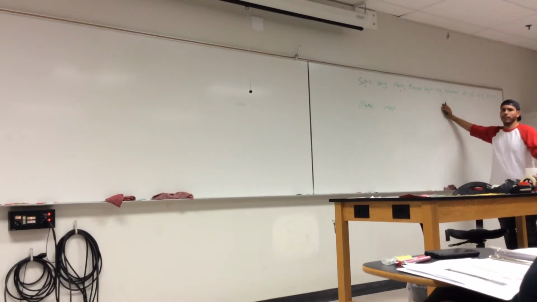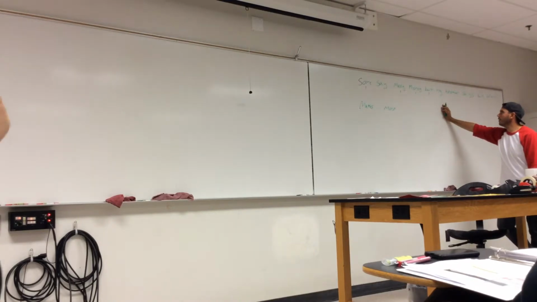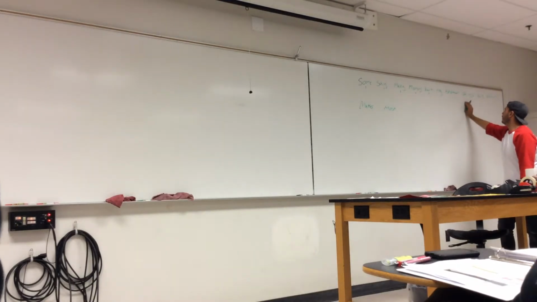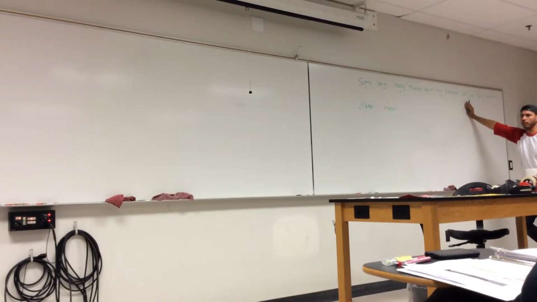Cranial nerve number 8, it's the vestibulocochlear. That's the ear. Wait, 6, 7, 8. 8, sorry. Vestibulocochlear. So this one is going to be a sense. It does a couple things. It's split into 2.